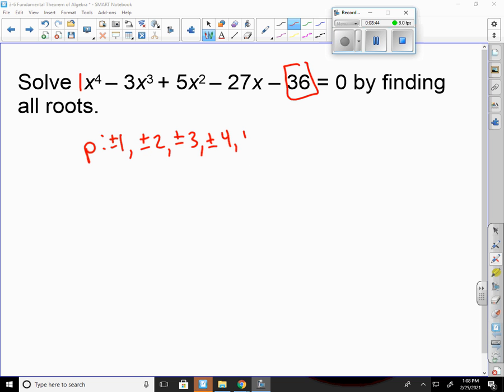Plus and minus 6, then 9, 12, 18, and 36. And then since Q is 1, these are all my factors because they're all divided by 1.